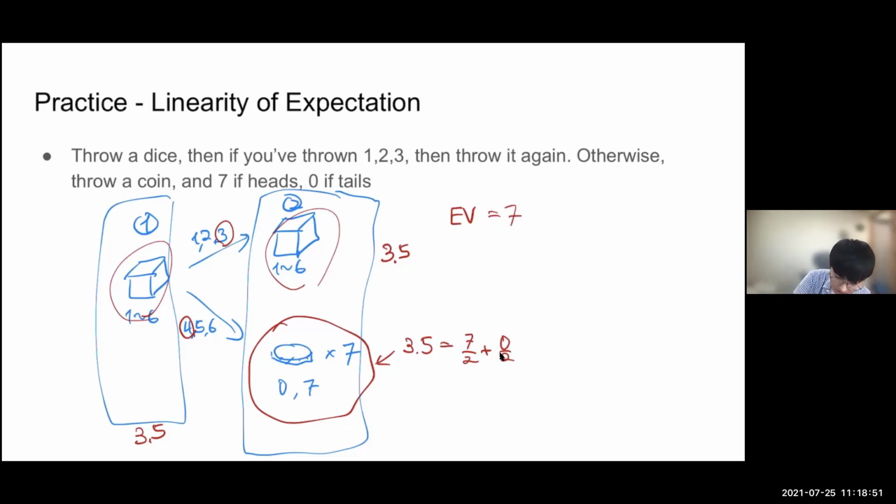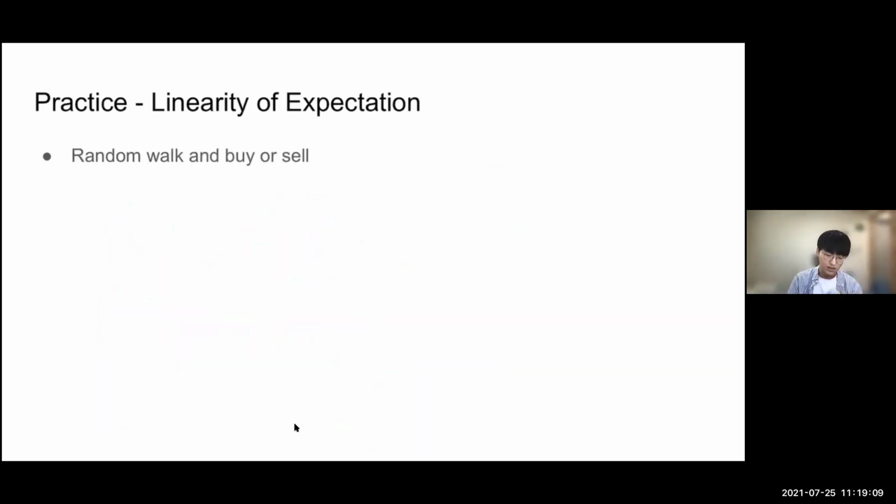Because in one case it'll be 0, and in the other case it'll be 1/2. So while these two events are not independent, the expected values add up. So I'll move on.